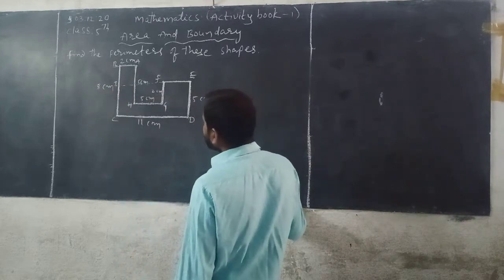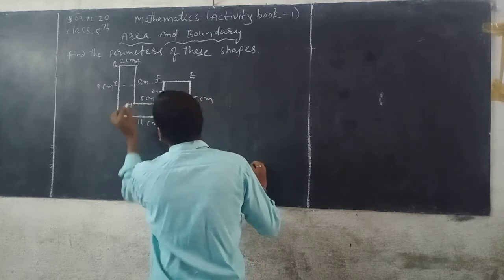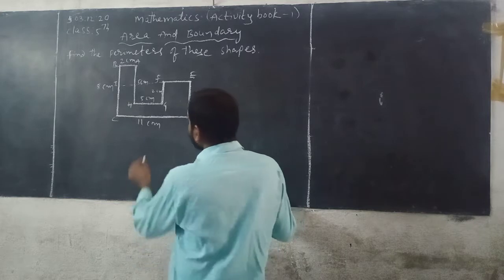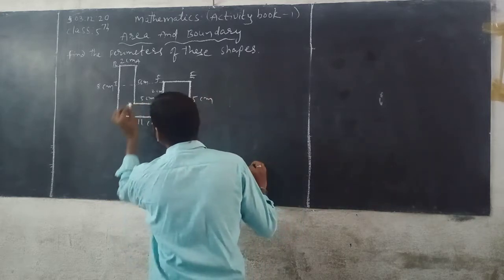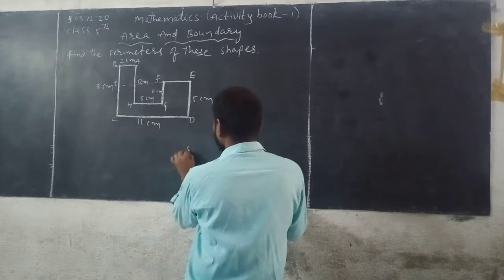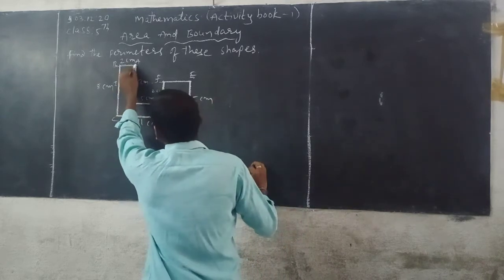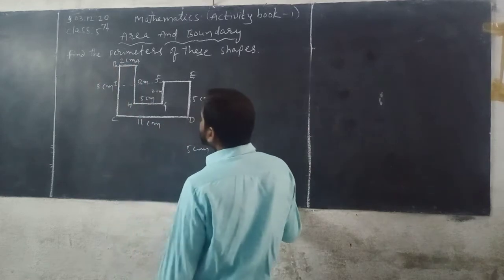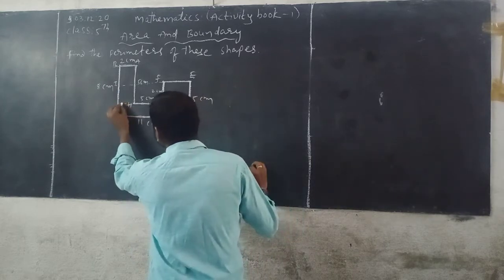See beta, here this is GH. GH is equal to 5 centimeters plus this is AB. AB is equal to 2 centimeters. Now you can draw this like only.